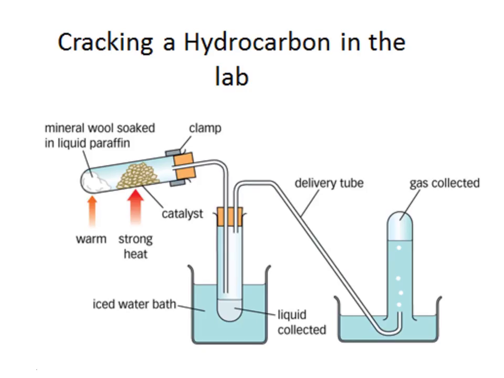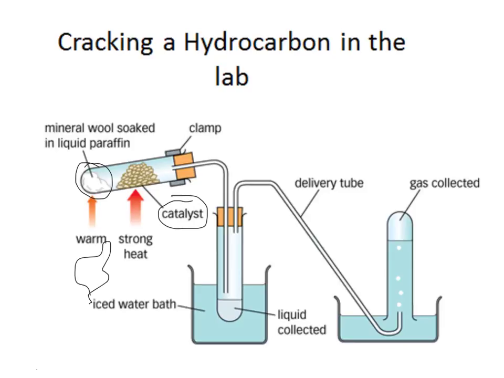In industry, this process is done on a massive scale, but we can do it on a smaller scale in the lab. What you would have to do is soak some mineral wool in your liquid fuel, so in this case paraffin. You would have your catalyst within the boiling tube and then a flame to heat it up.